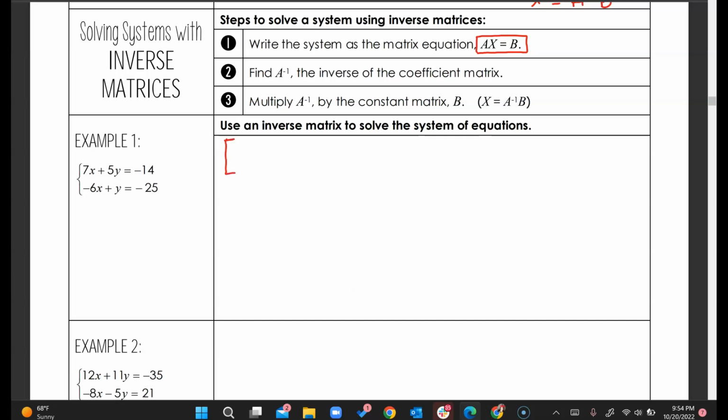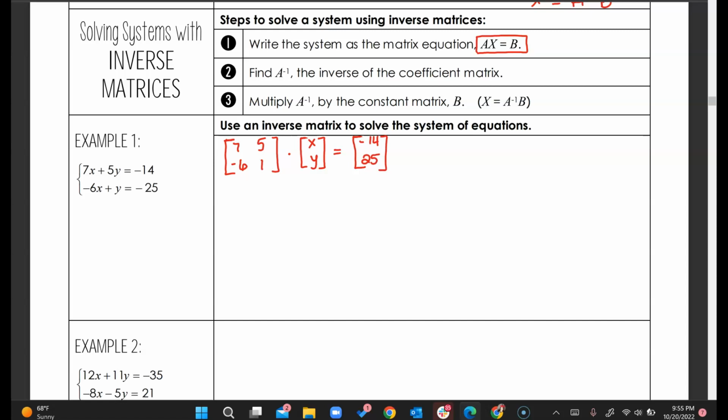We take the coefficient matrix, 7, -6, 5, and 1. We multiply it by our 2 by 1 variable matrix xy, and that's going to equal the answer, which is -14 and 25.